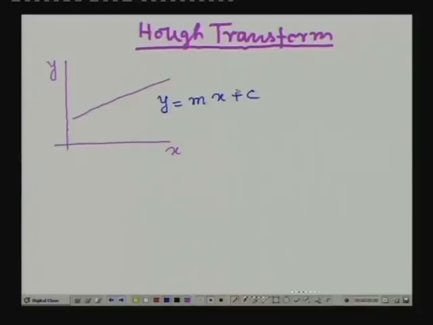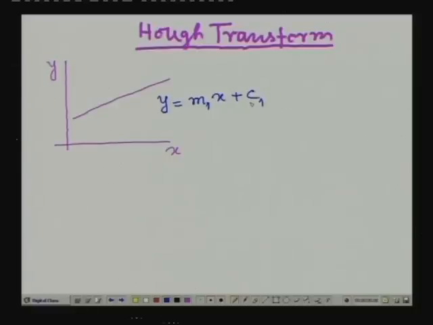Now, for a particular straight line, the values of m and c will be constant. So, I represent them by m 1 c 1, indicating that these two values, the slope and the intercept, are constant for a particular given straight line in the x y plane.